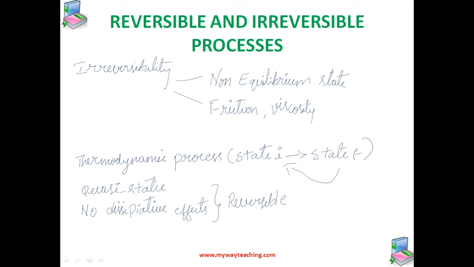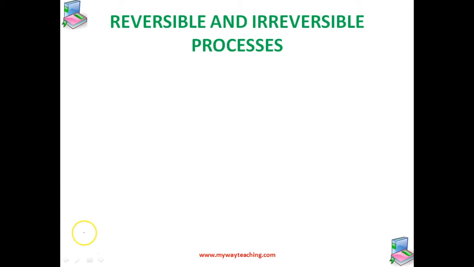For example, a quasi-static isothermal expansion you can consider of an ideal gas in a cylinder which is fitted with a frictionless movable piston. That is the simple example for the reversible process.